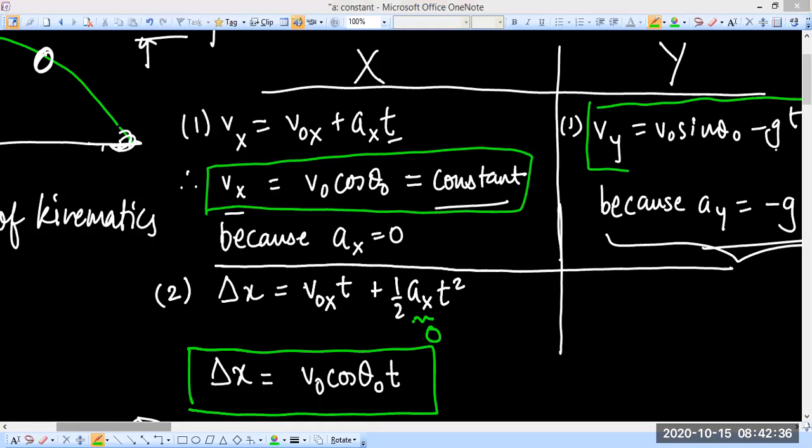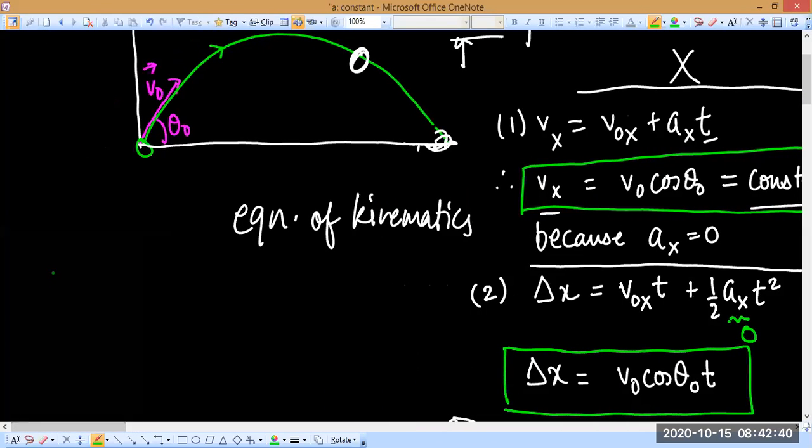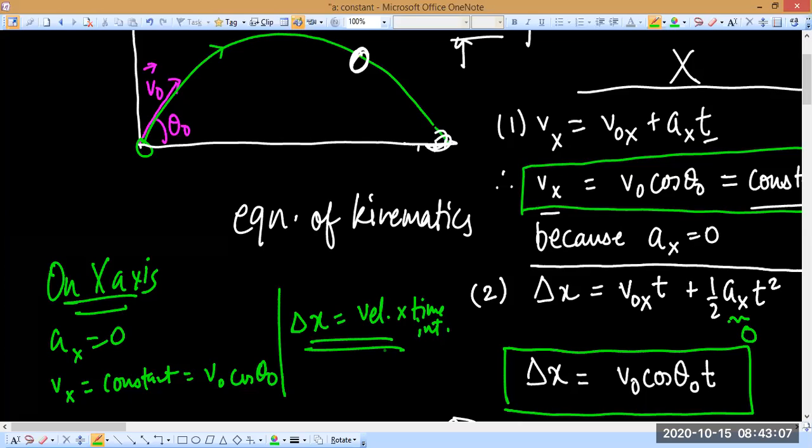Okay, now see, actually this is very easy to understand in a slightly different way also. Do you see that on the x-axis, or x components, there is no acceleration? So the velocity's x component is constant and it is equal to v0 cos theta 0. So do you realize that if velocity is constant, you can easily find displacement as simply velocity into time interval. I hope that makes sense. Right? This is very easy stuff, isn't it?